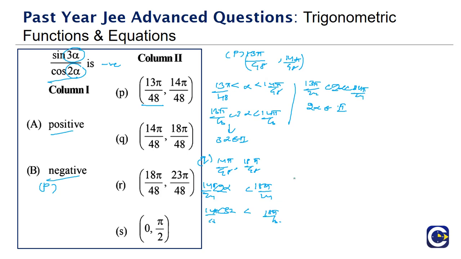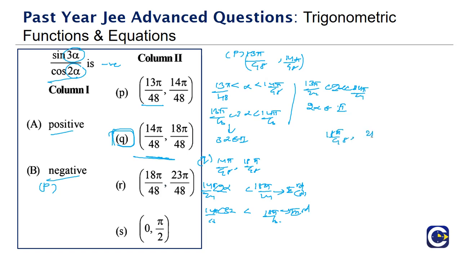This range may belong to the second quadrant or third quadrant, and 18 pi by 16 belongs to the third quadrant. We cannot say the exact position of this angle, so we should ignore this option because there is no exact answer whether it is positive or negative unless they mention some value. So Q does not have any corresponding value, positive or negative.